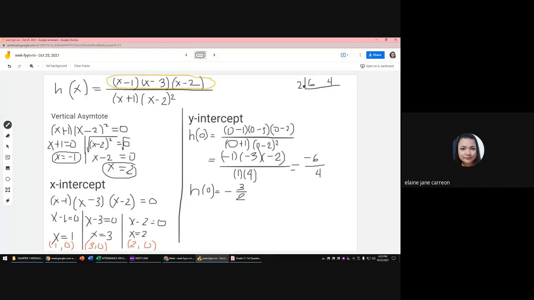Pag-divide mo, lowest term, 6 divided by 2. 4 divided by 2 is 2. Kaya siya naging 3 over 2. Okay. So, ang point dito, ibig sabihin, ito yung dadaanan ng ating graph sa y-axis. So, 0, tsaka negative 3 over 2. Diyan siya dadaan. And that is the y-intercept. Okay? Any question?